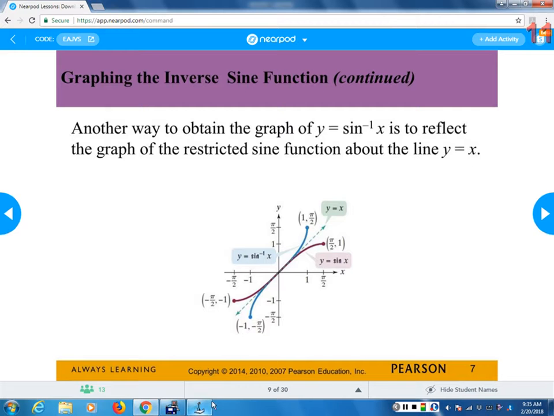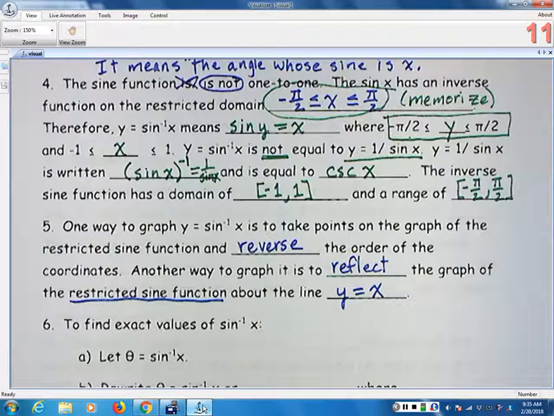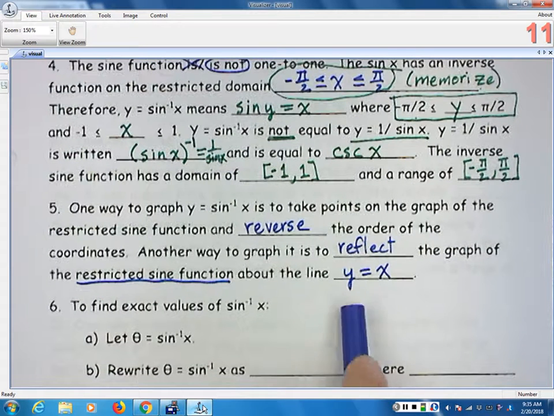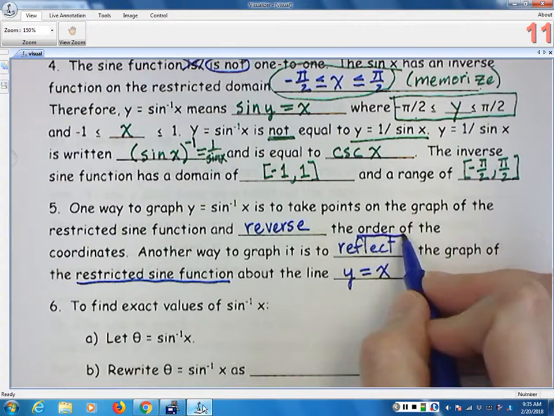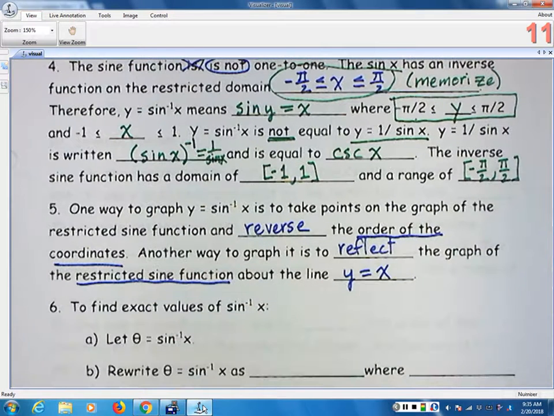So I've filled in what we're supposed to write in your notes on those two slides: reverse, reflect about y equals x. I think reversing the order of the coordinates is a really handy way to do it. Okay?